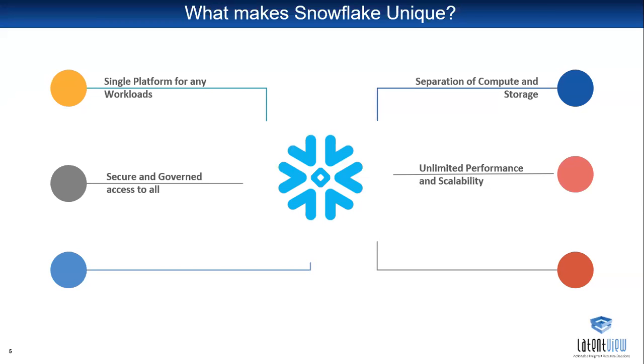But here it gives you unlimited performance and scalability, by which I mean the optimization and the performance tuning is done automatically within Snowflake itself. You don't have to do anything on the performance tuning side. And also the scalability, as I said, auto scales up and down on the performance side. So that is one other unique feature which you can see.